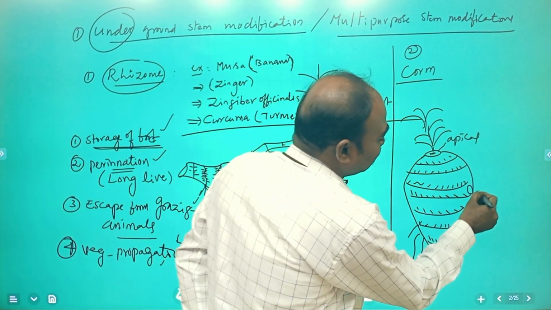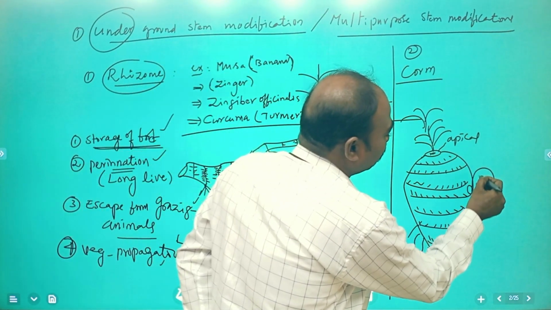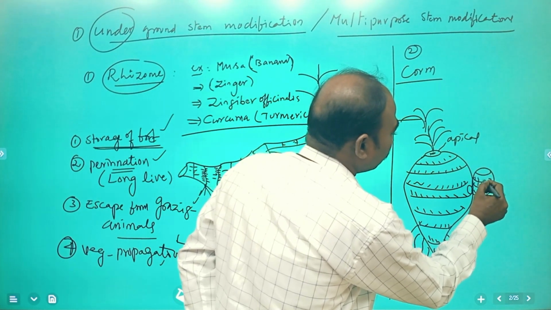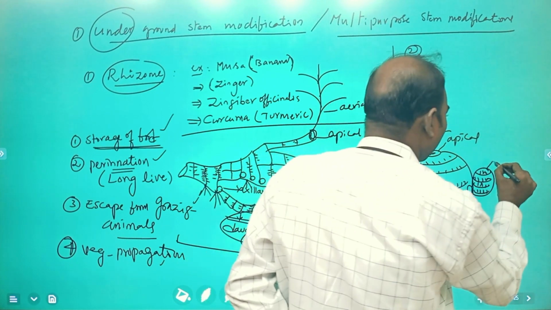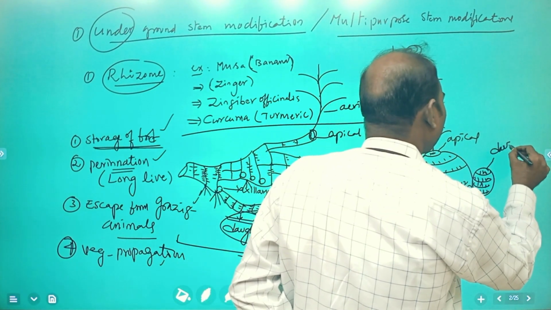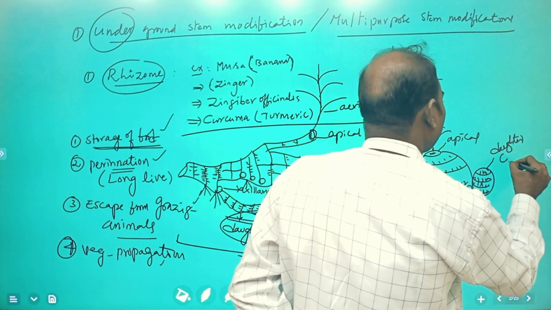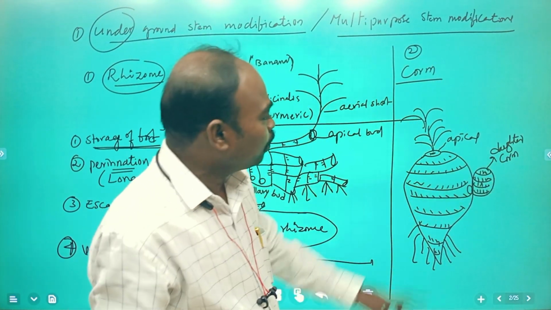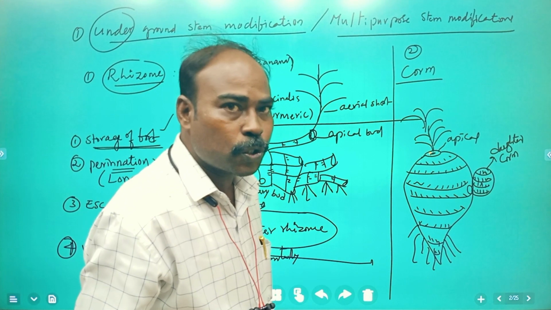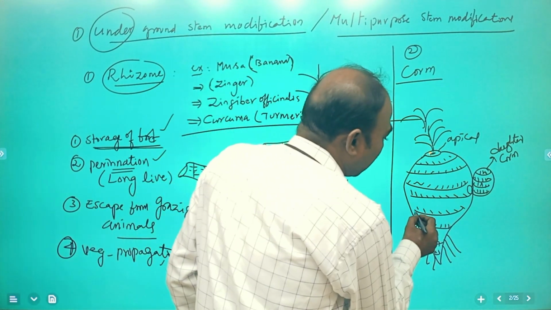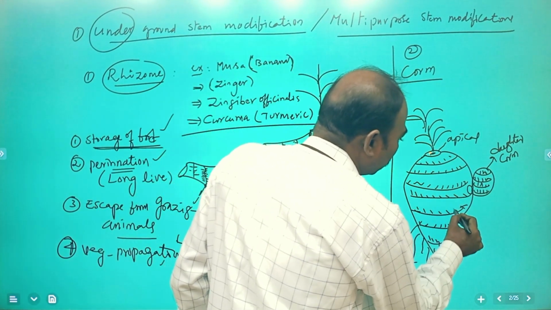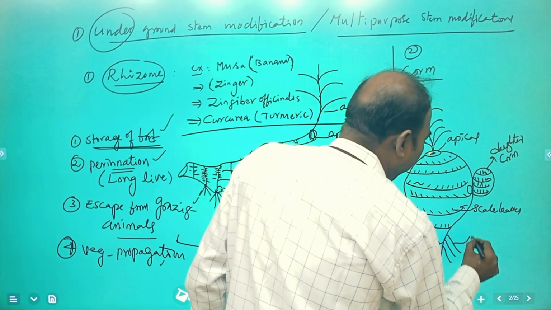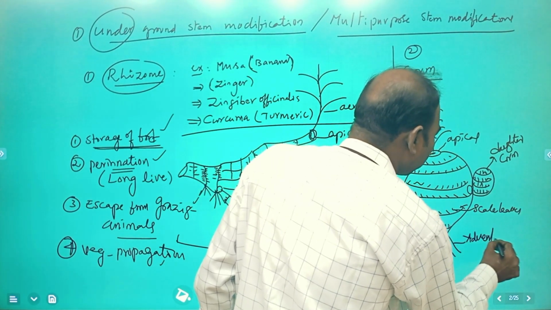And axillary buds produce daughter corms. So the axillary bud produces daughter corms, and the apical bud produces the aerial shoot system, nodes, internodes, scale leaves and adventitious roots.